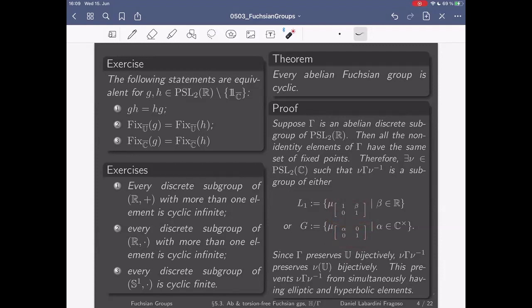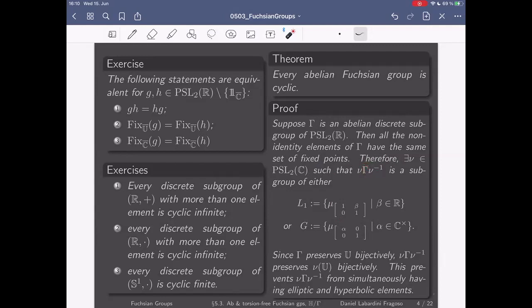And I guess the only thing that's new here is that we can even suppose beta here to be a real number, and that is because we know that gamma preserves the upper half plane, so it preserves some disk in the Riemann sphere, and so the translations will basically, if you have the upper half plane like this, then in order to preserve that with a Möbius transformation that looks like that, it should be translation in the real direction. So in that direction. Yeah, good.